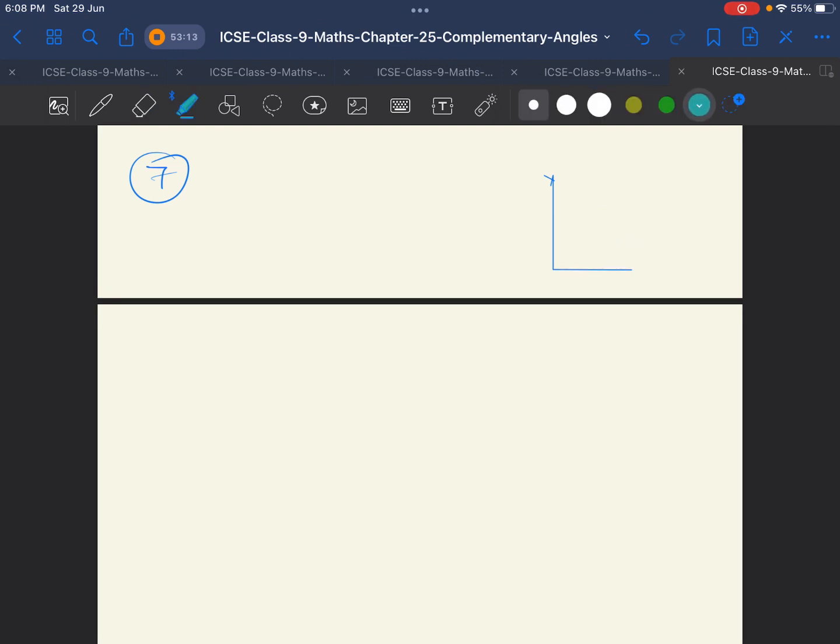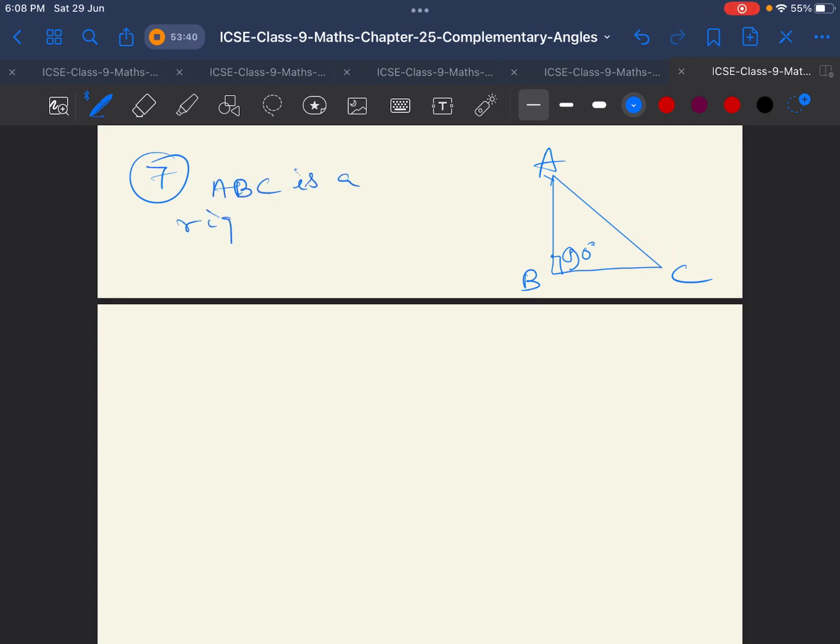So this is the triangle, and angle B is the right angle.